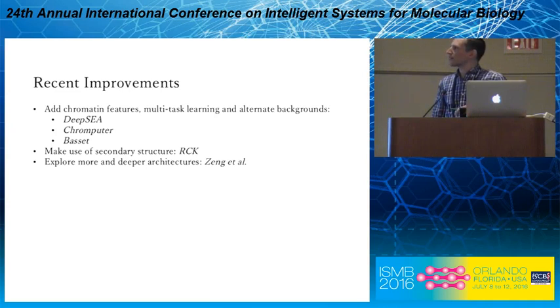There have been the DeepC, DeepCpG, and Basset algorithms. They added more features to their models, did multitask training, and also used better background models to learn from the sequencing data.